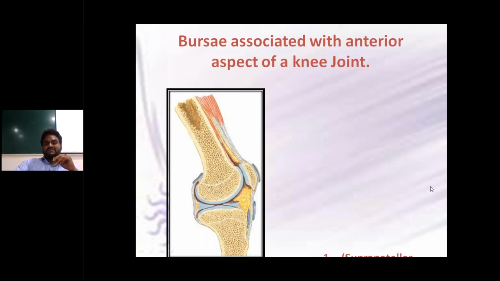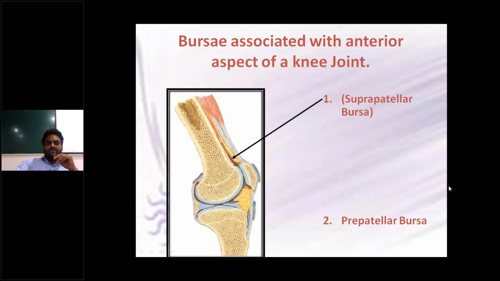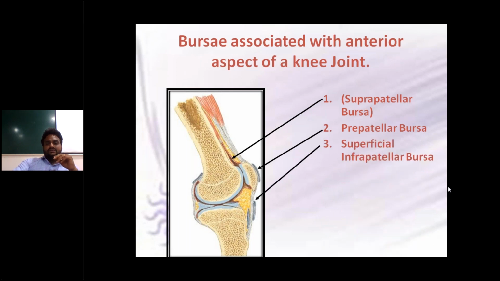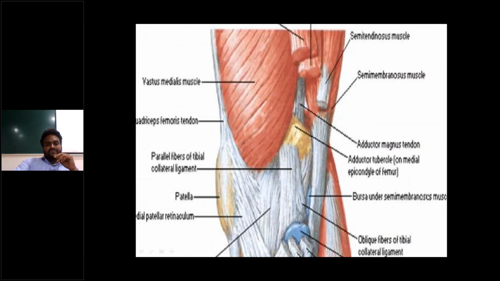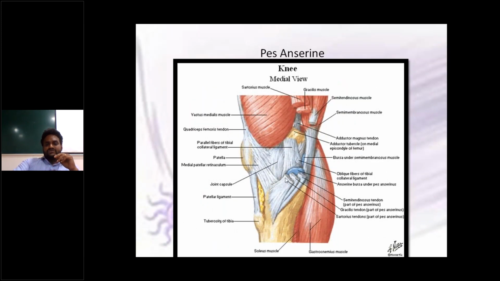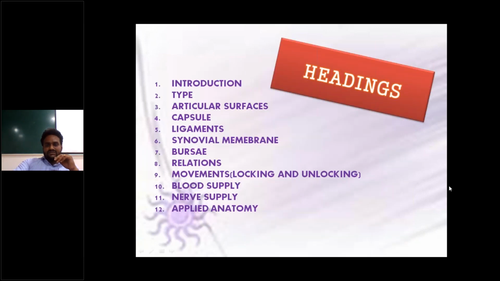Anteriorly, bursae related to the knee joint, very important: suprapatellar, prepatellar, superficial infrapatellar, and deep infrapatellar, related to the quadriceps femoris tendon, ligamentum patellae and patella. And the pes anserine bursa is present deep to these 3 muscles: sartorius, gracilis and semitendinosus. These are the bursae related to the knee joint.